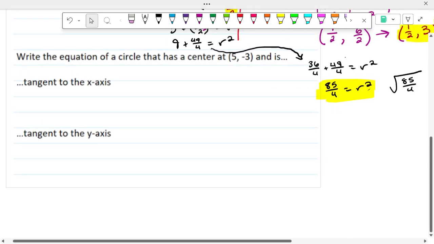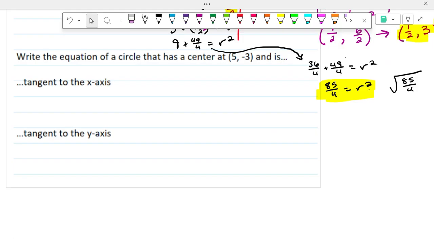So the last thing we're going to do is we're talking about if it's tangent to the x-axis, tangent to the y-axis. Okay. So what does tangent mean? Tangent means that it hits at one point. All right.